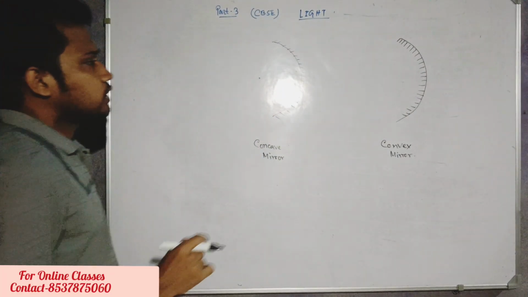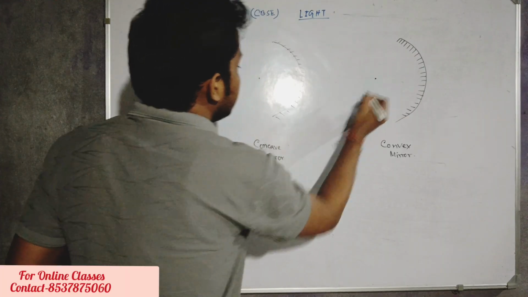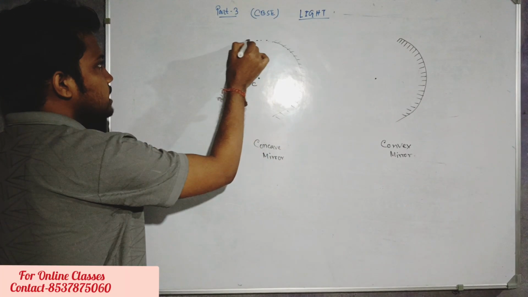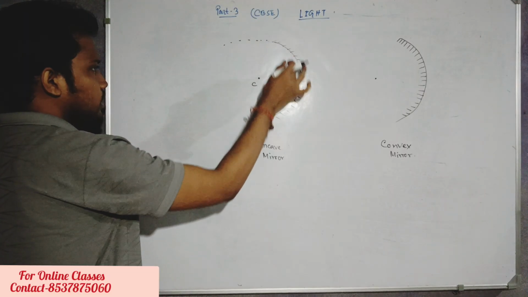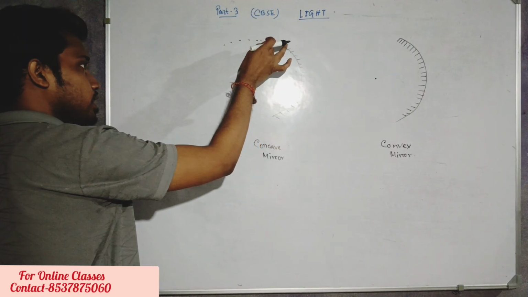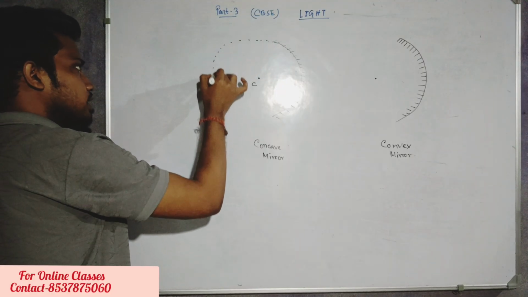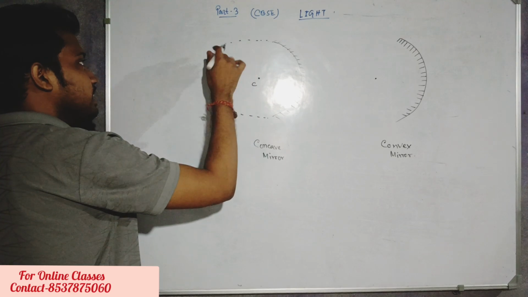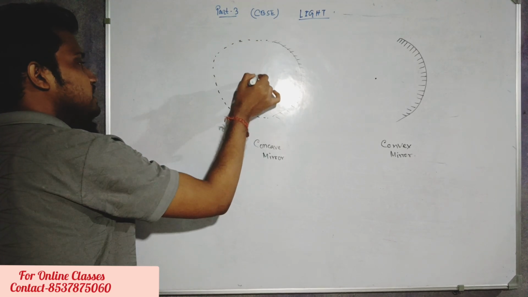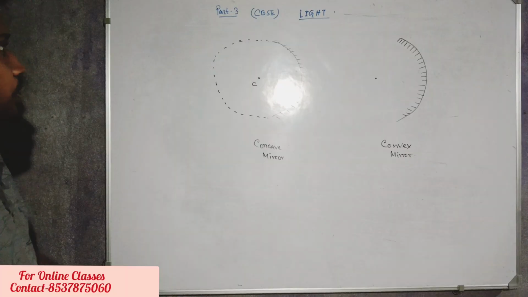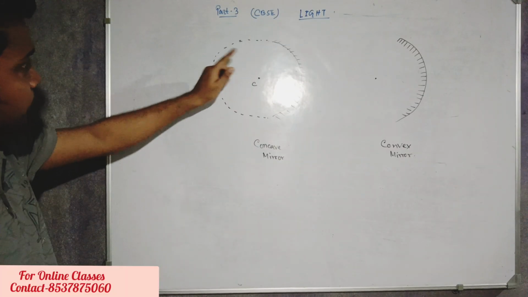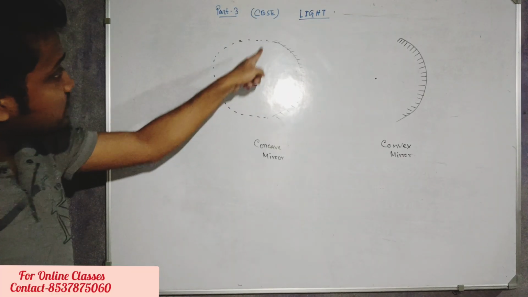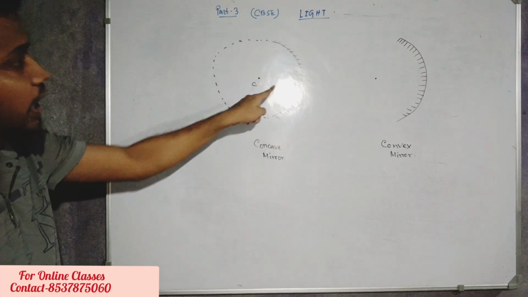First of all, we have to know what is the center of curvature, and write it as C. If we take a circle of that mirror, the center of that circle represents the center of curvature of that mirror.